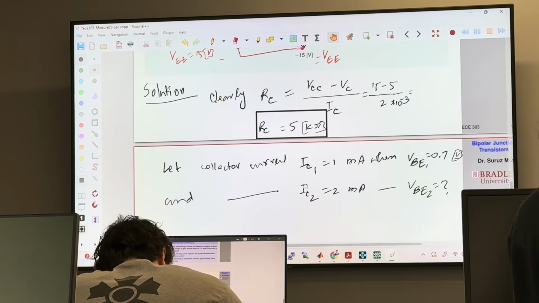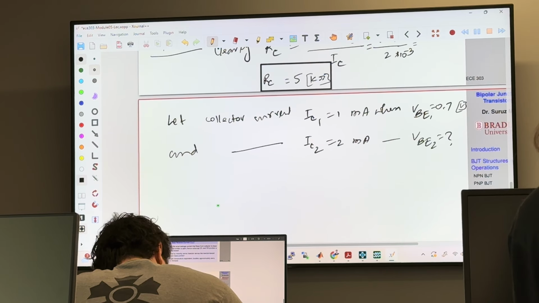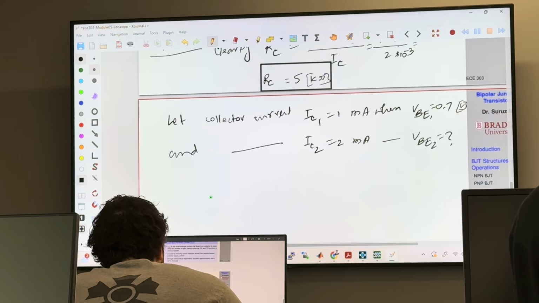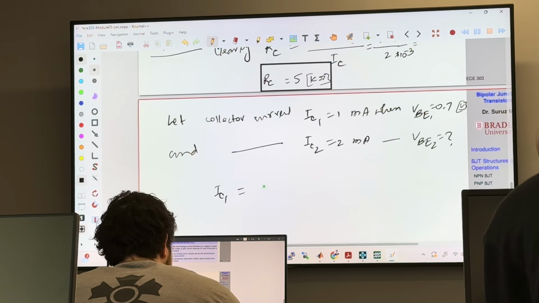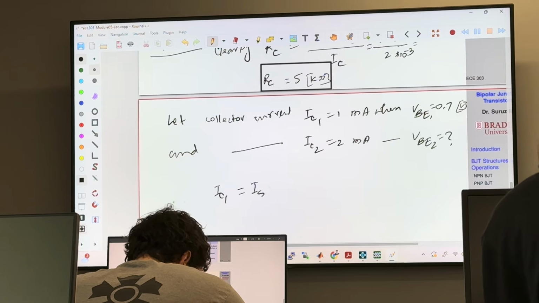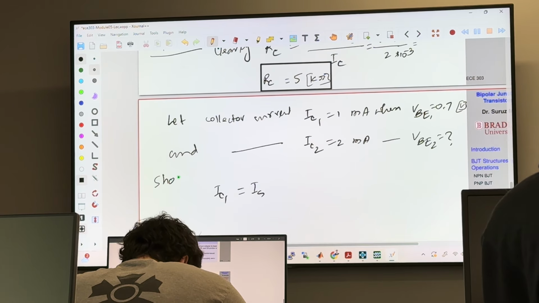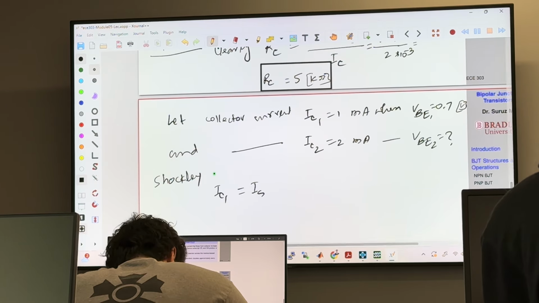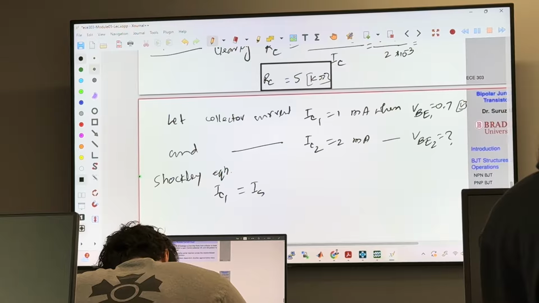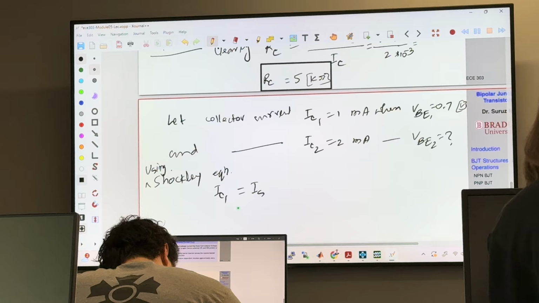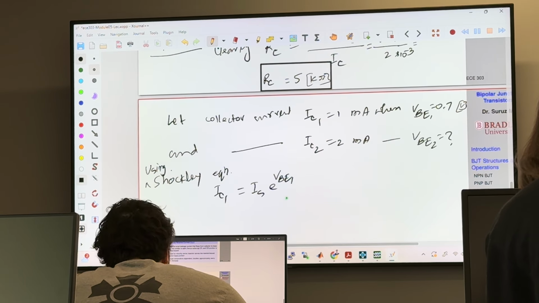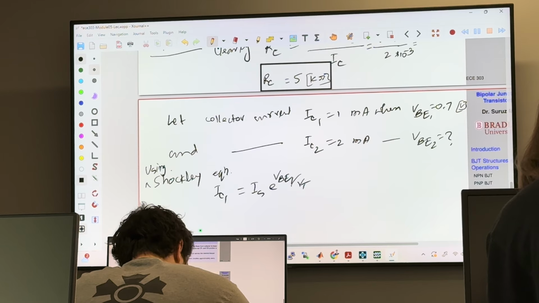So we can just use the IC versus VBE characteristic equation. Using the Shockley equation, IC1 equals IS e to the VBE1 over VT.